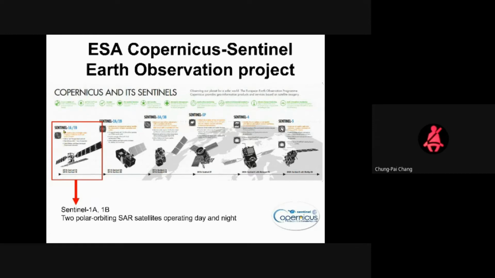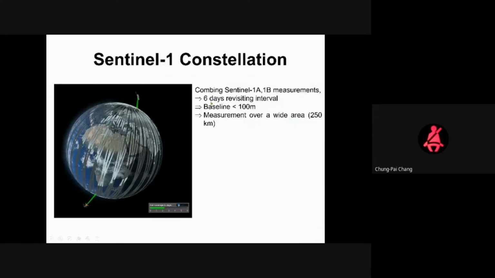With this formation flying of Sentinel-1A and 1B, we used to have a 6-day revisiting interval. But right now, 1B's situation is not very stable, so the revisiting interval increases to 12 days because only 1A is functioning.